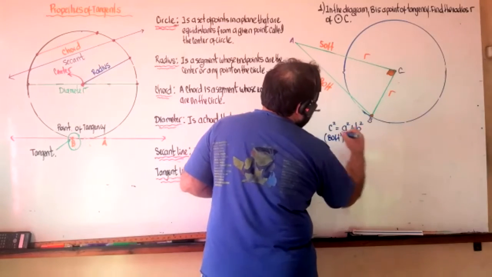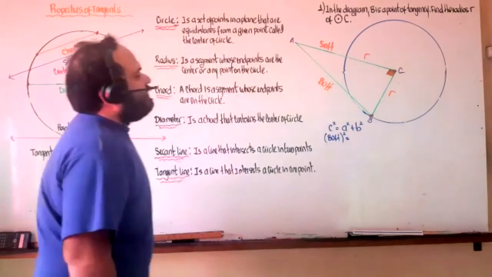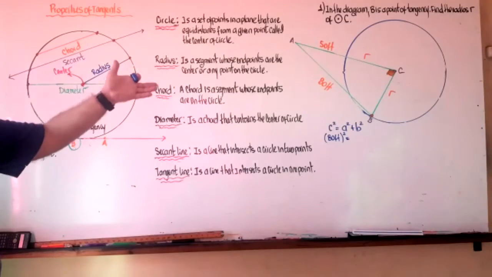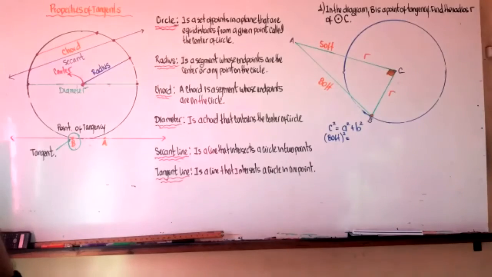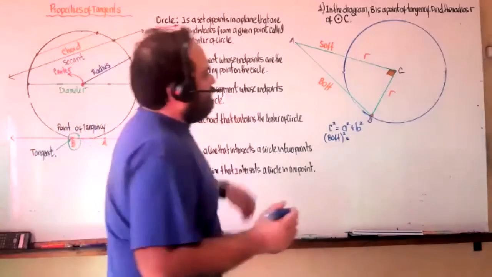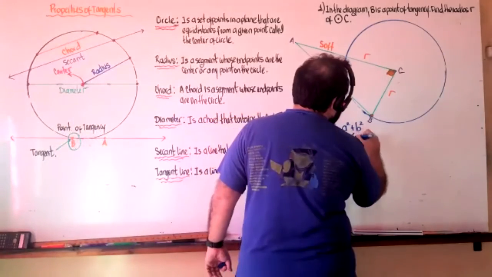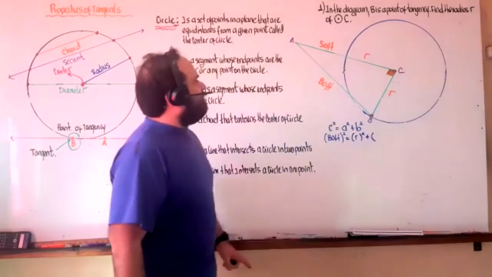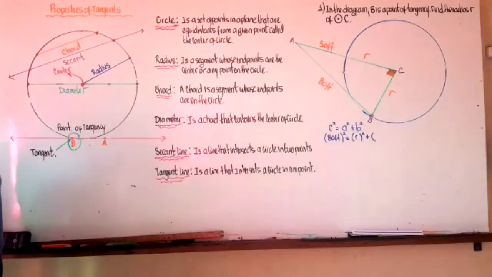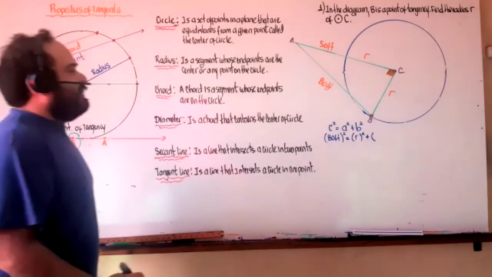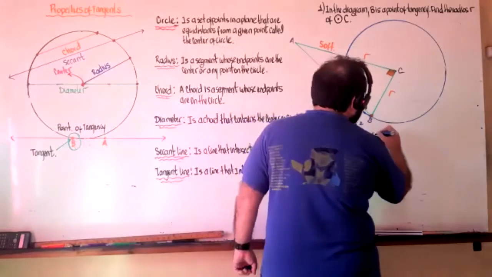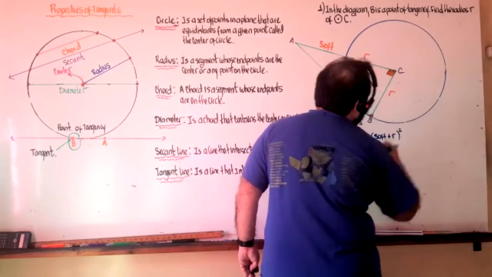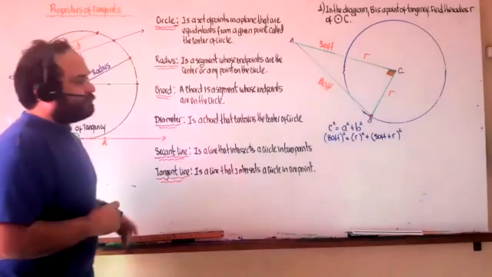The second power. What will be A? A will be the shorter leg, that will be R, second power. And B will be the distance between the point A and the point C, that obviously is 50 feet plus R, at the second power.